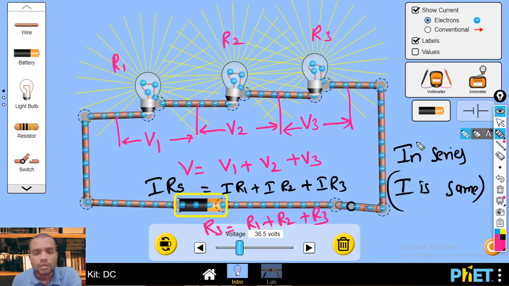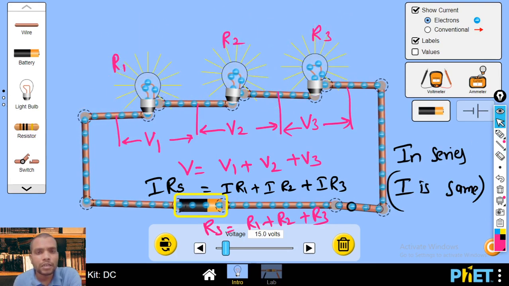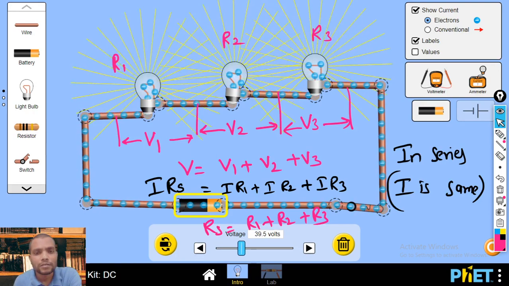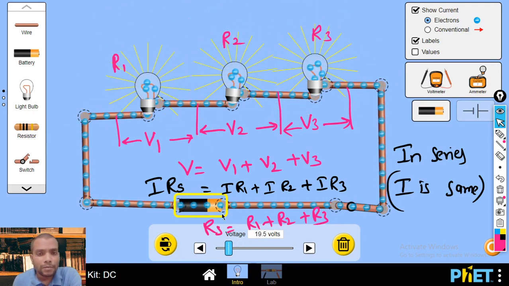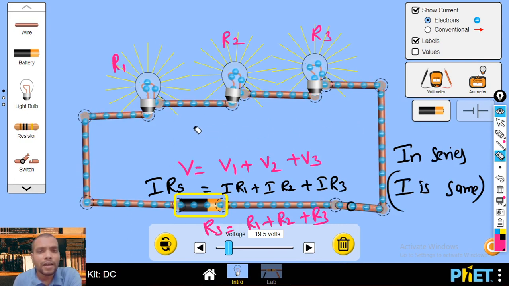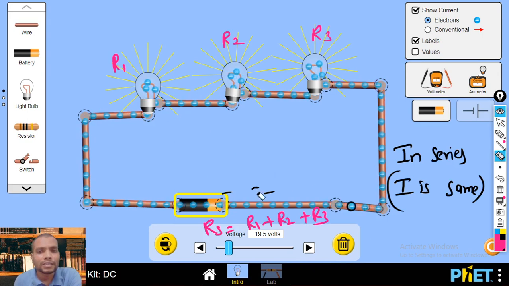So the total resistance equals the sum of the individual resistances. Thus, about series resistance: in series connections, the total resistance value increases.